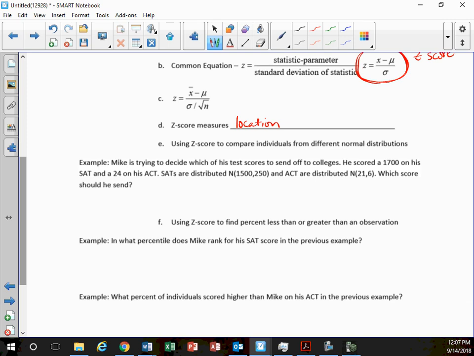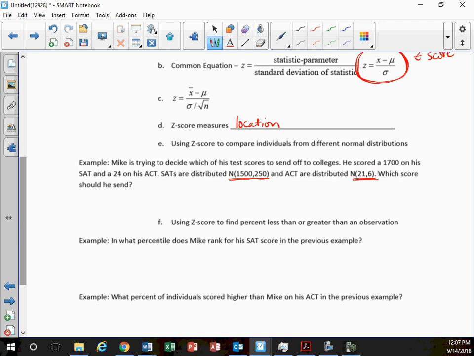All right, so let's look at the first example here. Mike's trying to decide if he should send his ACT score or his SAT score off to schools. They give you here, the SAT scores are normally distributed with a mean of 1,500 and a standard deviation of 250, and then ACT is normally distributed with a mean of 21, standard deviation of 6. I know this is from a few years ago.